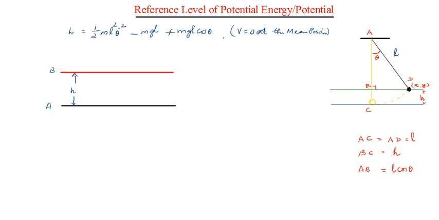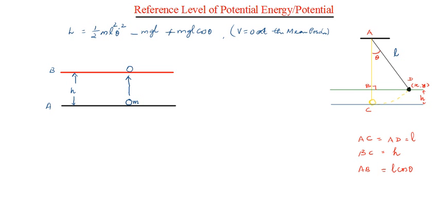Now let's assume that we have a mass m which is at level A initially, and I'm taking the mass m from level A to level B. So I'm shifting the mass from A to B, right?